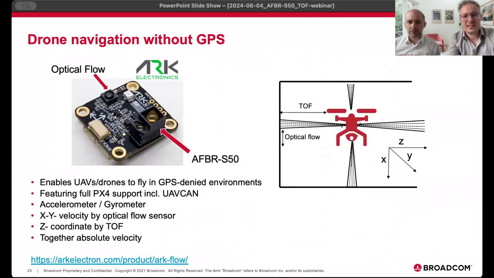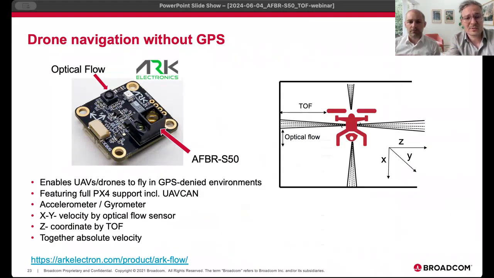This slide shows one reference implementation of our sensor. This is a part which can be purchased on the market from the company ARC Electronics. This part features not only our 30-meter time of flight sensor, and I think there will also be the 50-meter version available soon.